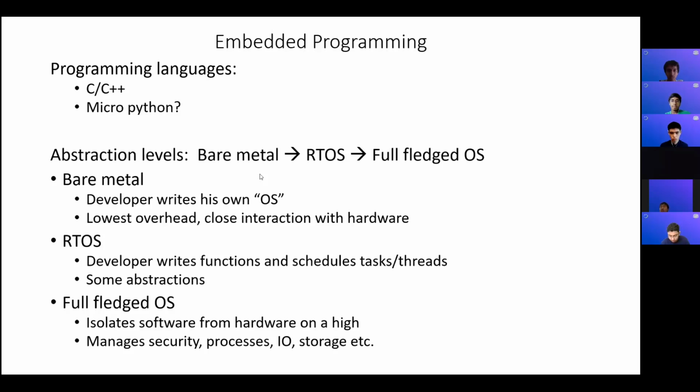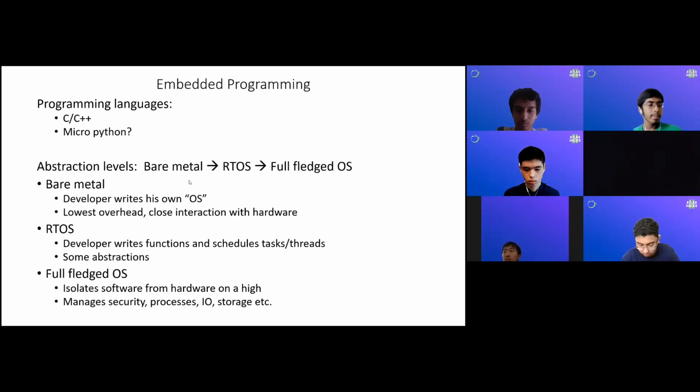Real-time operating systems allow you to work more efficiently in terms of running a lot of tasks on a microcontroller. They provide concurrency of execution of different things. They separate you from hardware somewhat, but they're still very lightweight, and most importantly, they do, as they are named, provide real-time functionality.